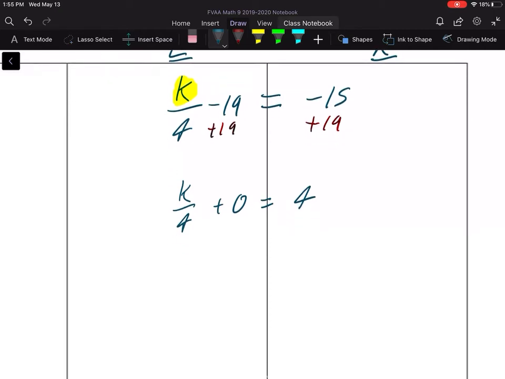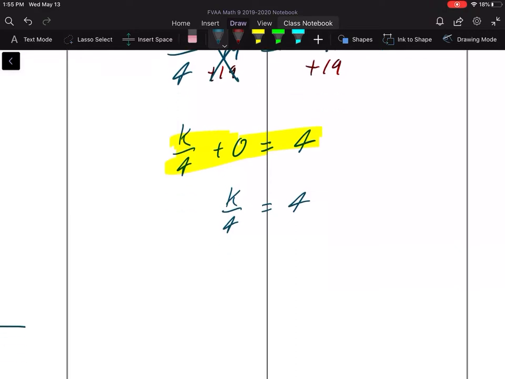Because of this optional step, k over 4 plus 0 is just k over 4 is equal to 4. So in essence, these 19s cancel each other out because of opposite operations.